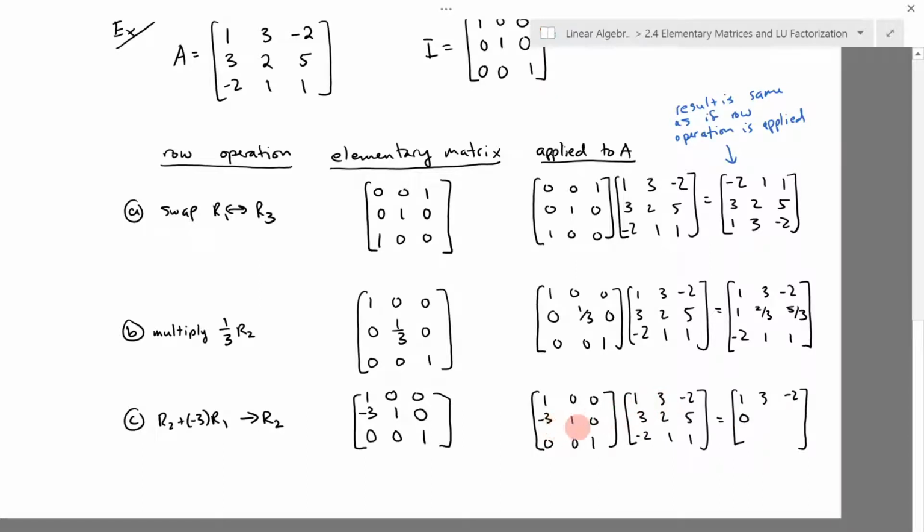Then -9 plus 2 is -7. And then 6 plus 5 is 11. And this will just pick up the last row, -2, 1, 1. And again, it's the same thing as if I multiplied -3 times this row plus this row.